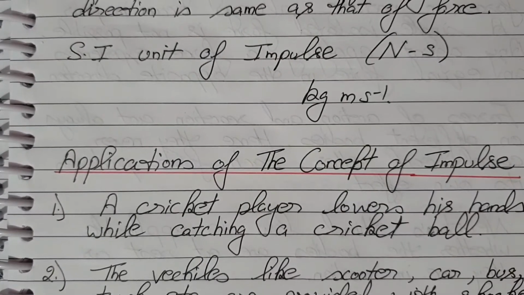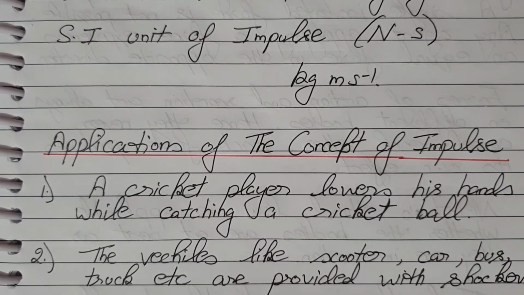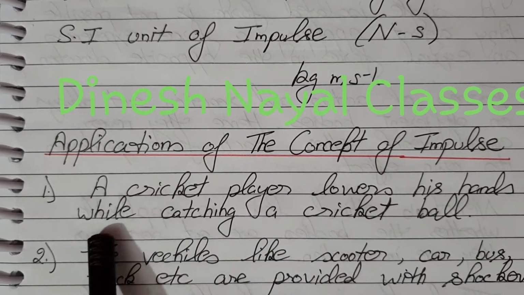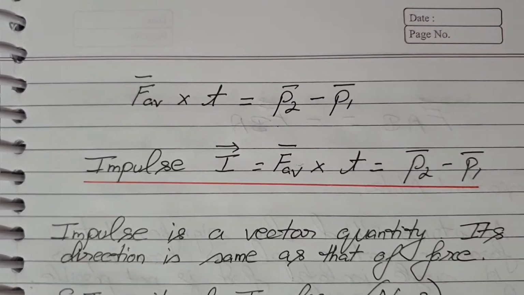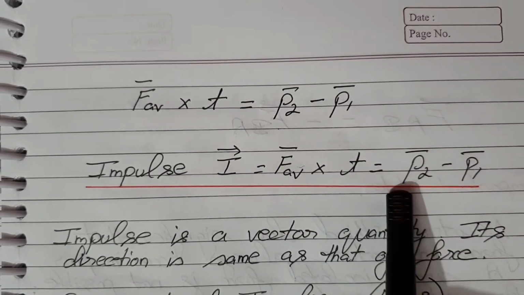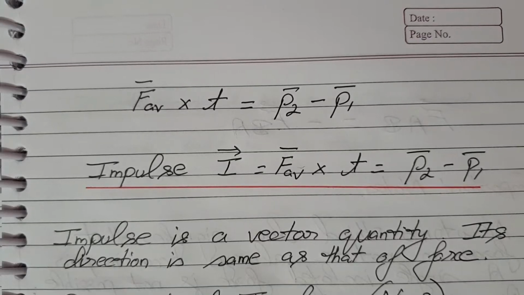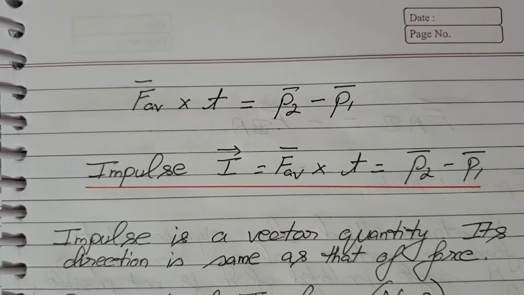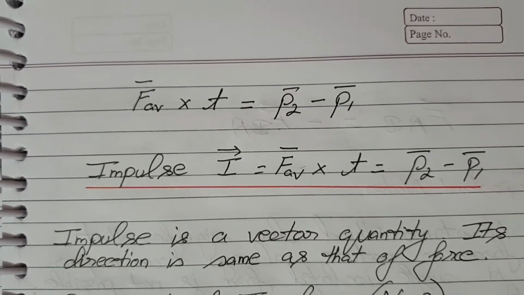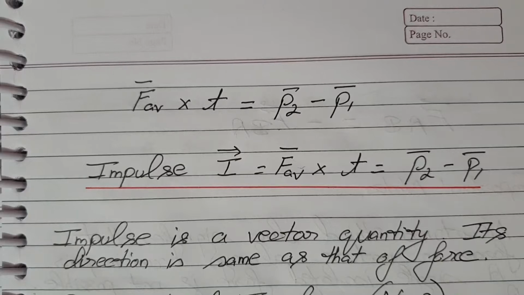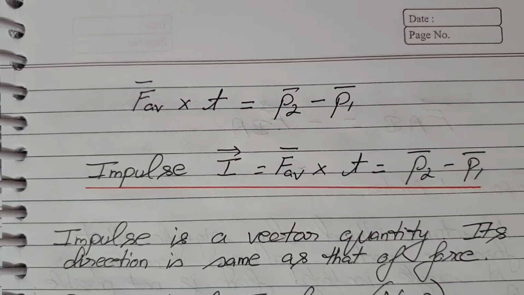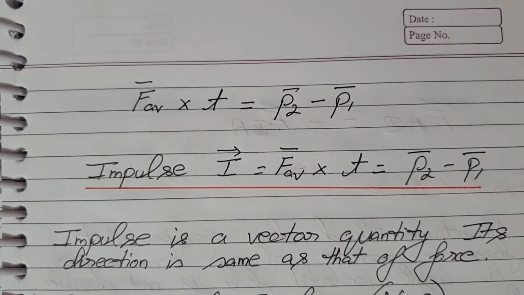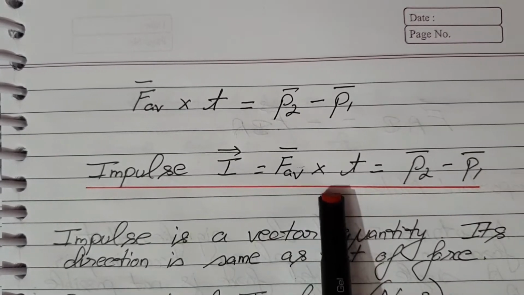Now, applications of the concept of impulse. The first is that a cricket player lowers his hand while catching a cricket ball. If you look at this equation, F_av into t equals P2 minus P1. When a cricket player lowers his hand while catching a cricket ball to avoid injury, he increases the time of catch. Impulse is force into time, the change in linear momentum.